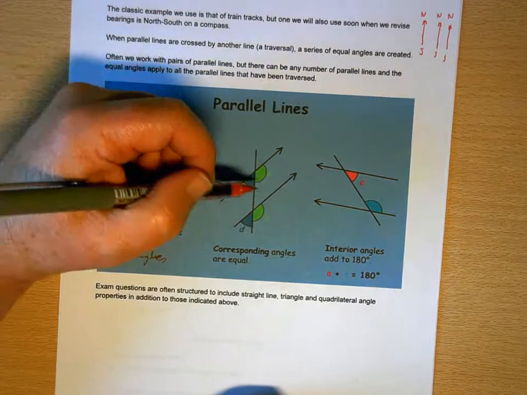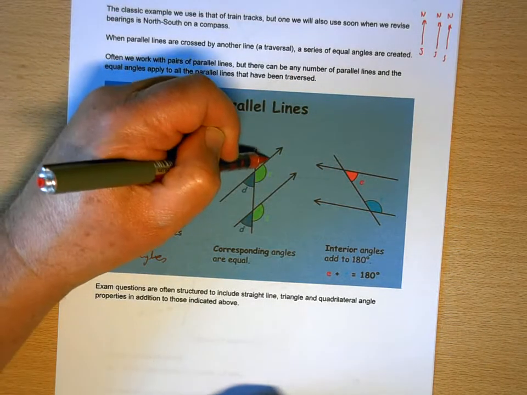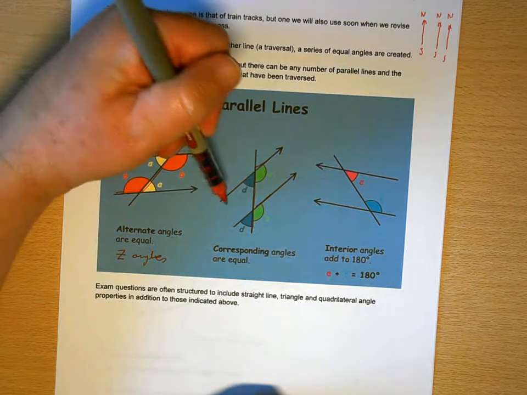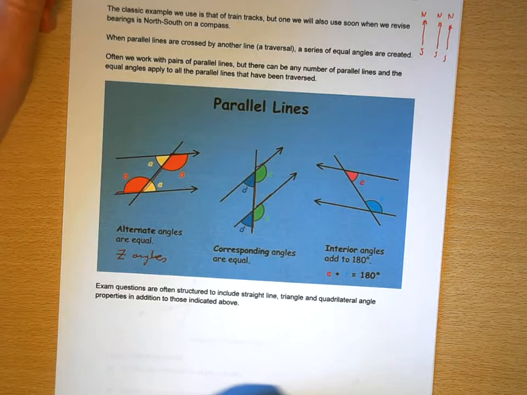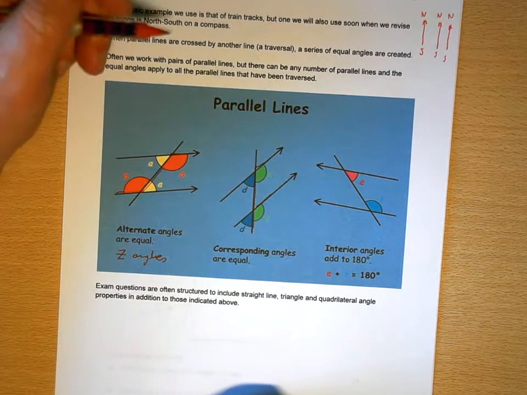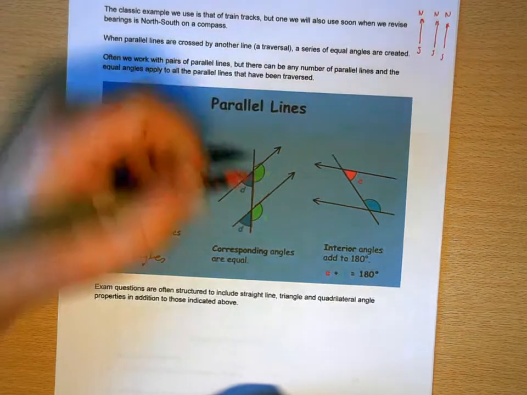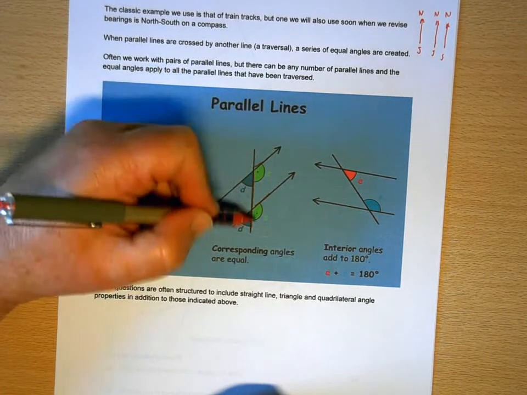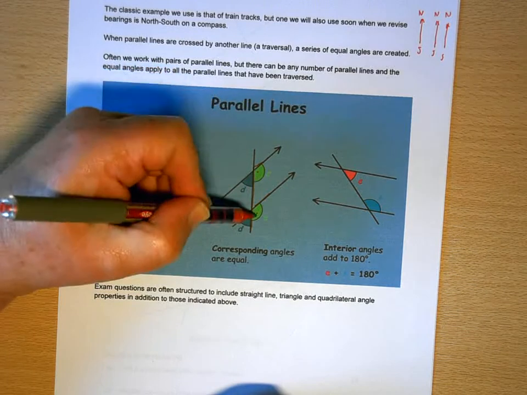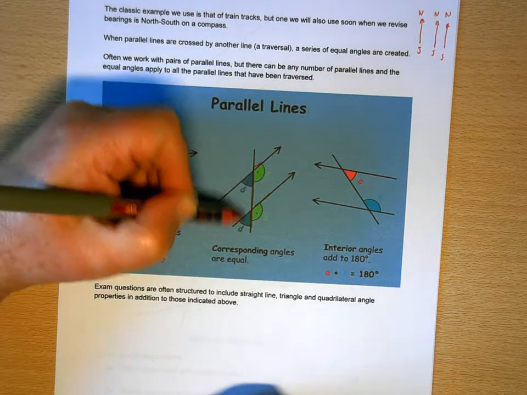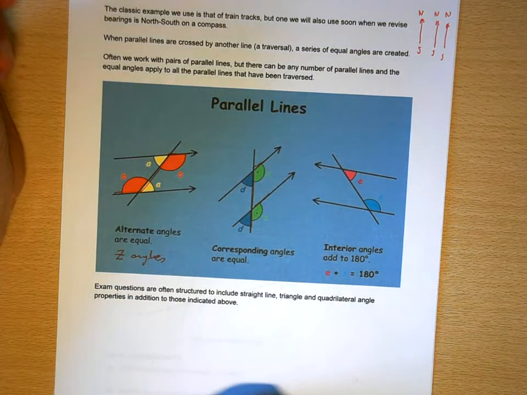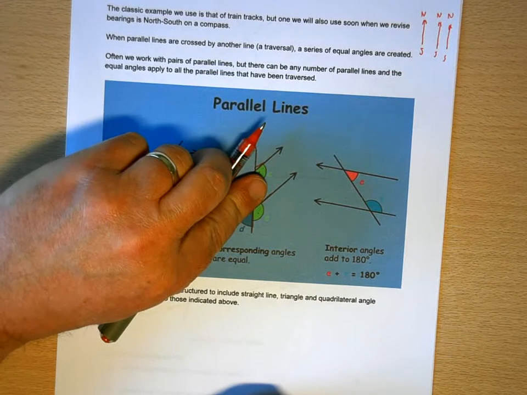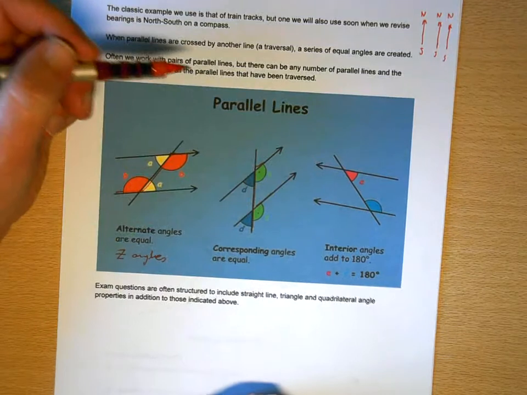Then we've got the ones which we call F angles, which, if you think that we've got that letter F there, or its reflection, then the angle inside the sort of F there and there are the same. So those 2 are the same, and similarly opposite, those 2 are the same. But once you've worked out one, you can work out the other, because you can then apply the straight line relationship.